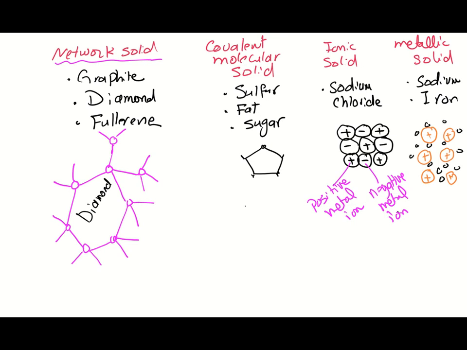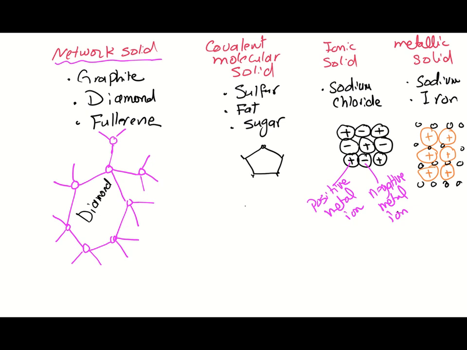And this is going to let the metal ions be held in position by very strong attraction forces. So finally, you will have a structure like this one: the positive metal ions surrounded by a sea of delocalized electrons.